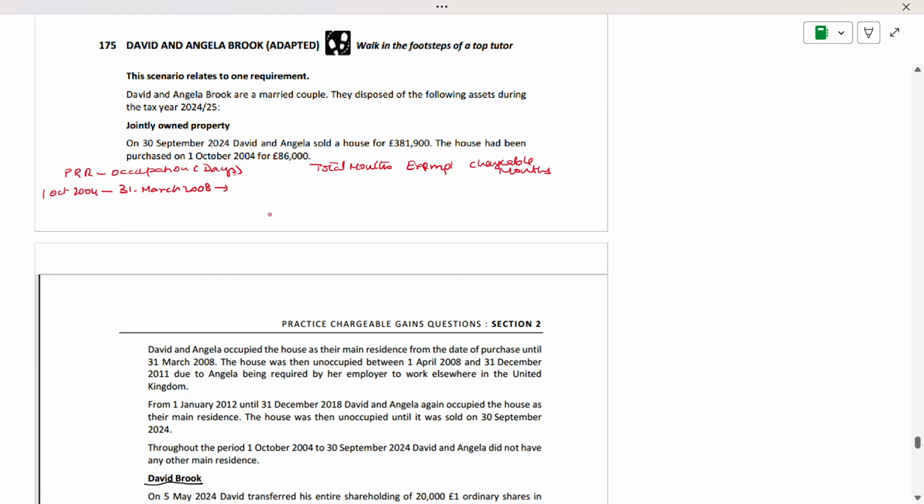How many months did they occupy? October to March: 3 months in 2004 and 3 months in 2008, plus 2005, 2006, 2007 which is 36, and 36 plus 6 is 42. Are you clear about this?